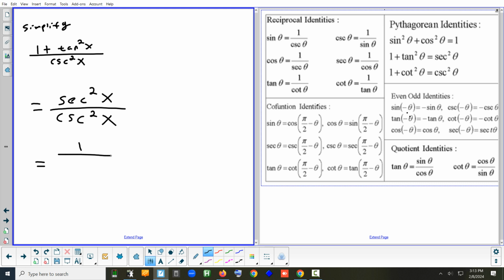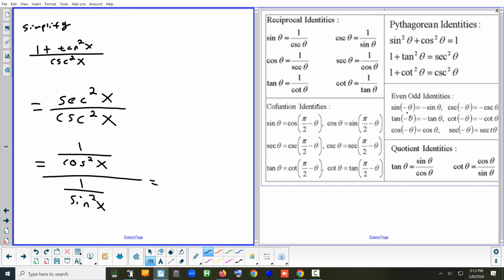So what do you think secant squared is? 1 over cosine squared. How about cosecant? It's 1 over sine. So how about cosecant squared? 1 over sine squared.